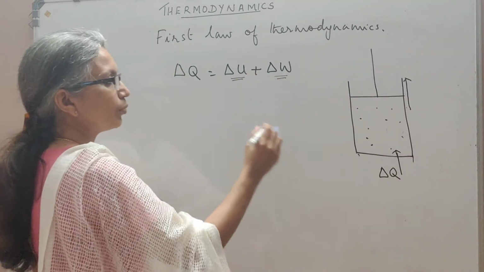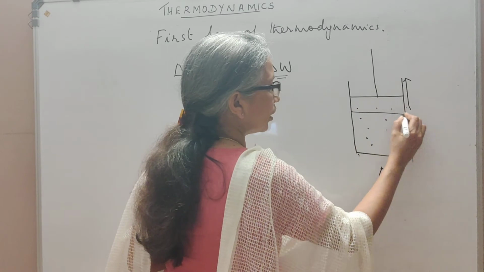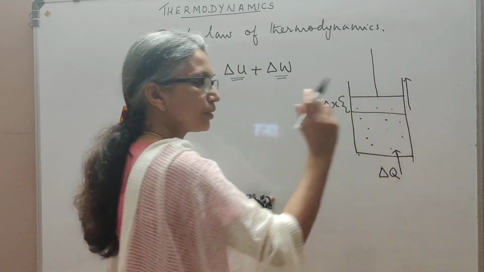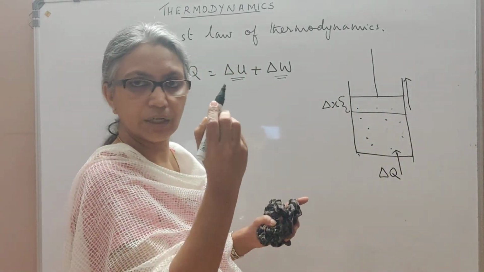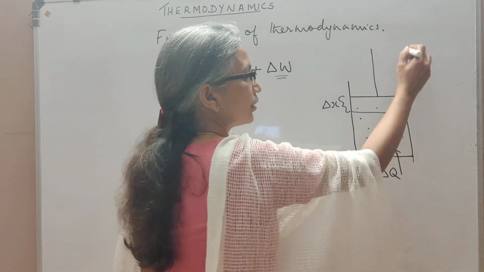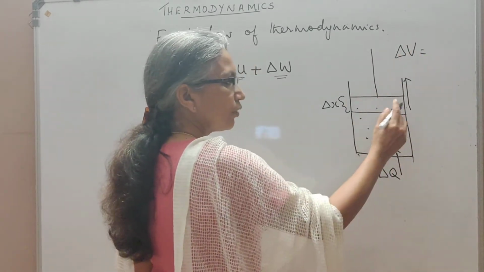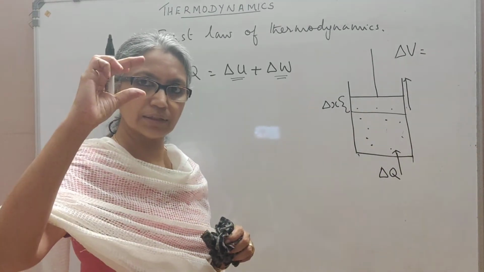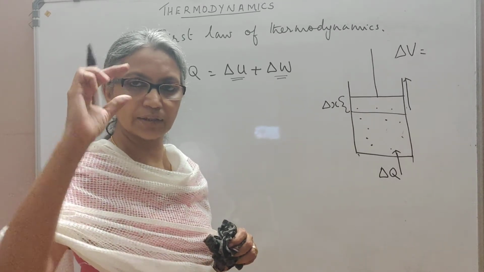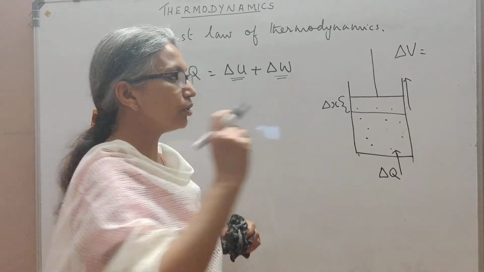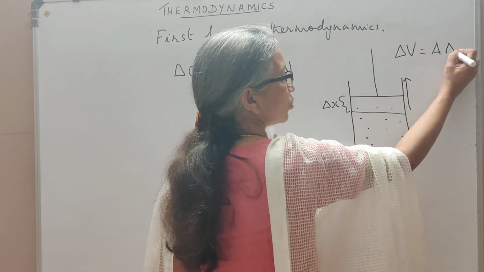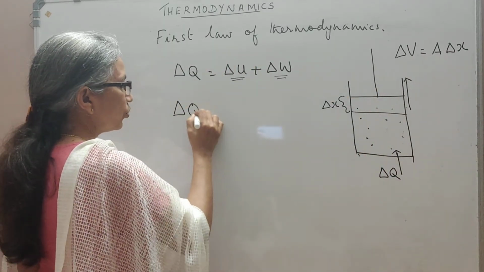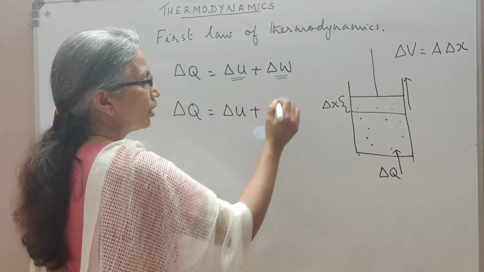Suppose our piston was initially here and it has been pushed up through a distance delta X, and the base of the piston is a circular area A. The change in volume would be the base area A into the displacement through which it has been pushed up. So delta Q is equal to delta U plus work done.